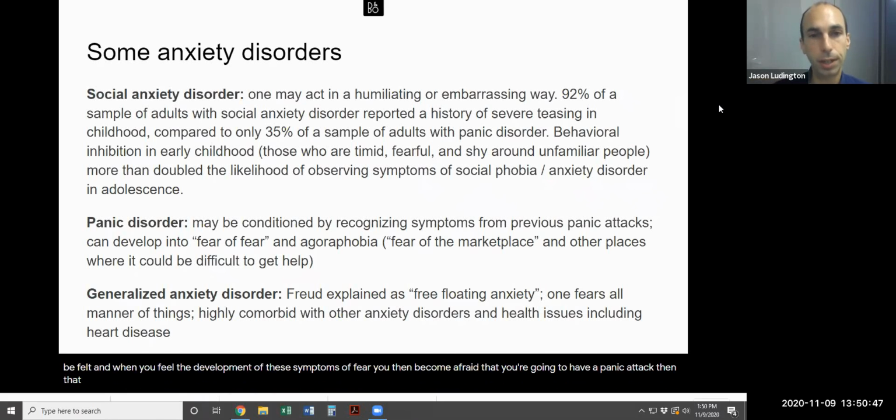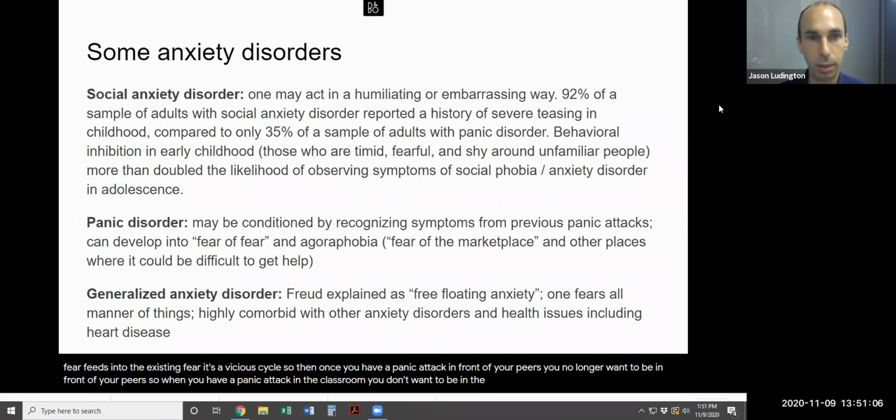Then that fear feeds into the existing fear. It's a vicious cycle. So once you have a panic attack in front of your peers, you no longer want to be in front of your peers. When you have a panic attack in the classroom, you don't want to be in the classroom anymore because you're afraid that you could have another panic attack.